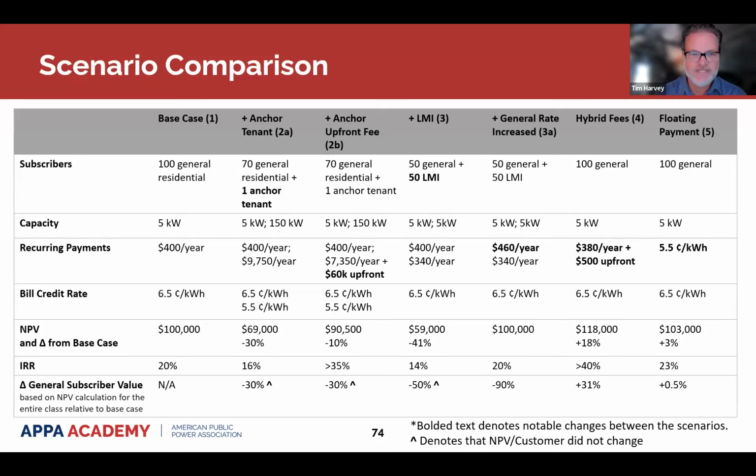And it fixes it for 15 years. So at the beginning of the program in 2018, it was a zero impact to the bill for low-income customers and $0.015 premium for market rate customers. Now those same low-income customers are saving $0.015, and the market rate customers aren't paying a premium because that power supply adjustment has gone up $0.015 since then. So they're basically starting to hedge for market rate.